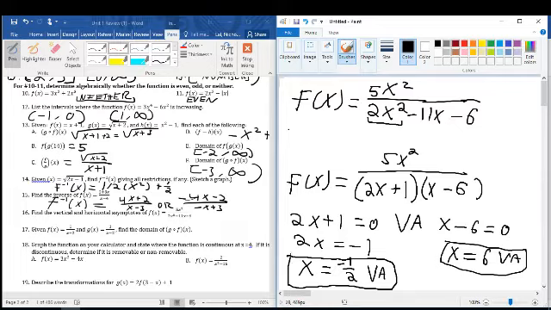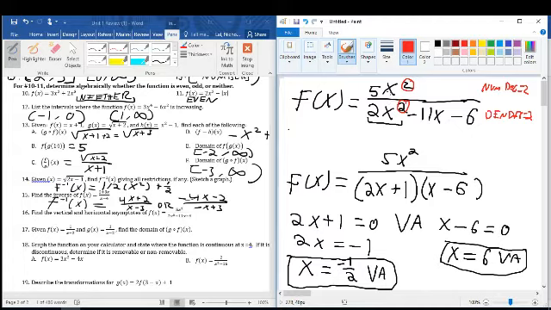Now when you look at our horizontal asymptote, we have the same degree in the numerator and denominator. So our numerator degree equals 2 and the denominator degree equals 2.